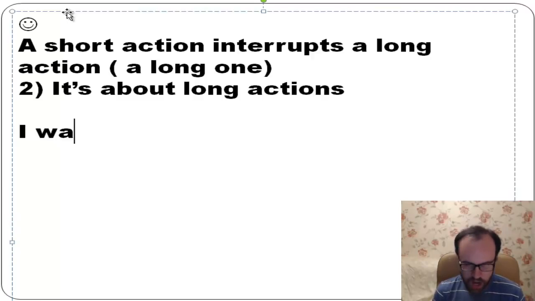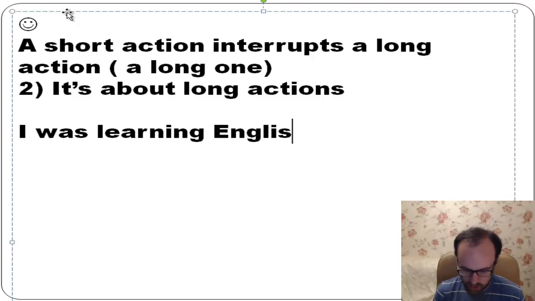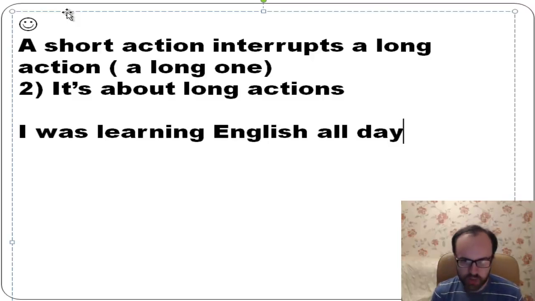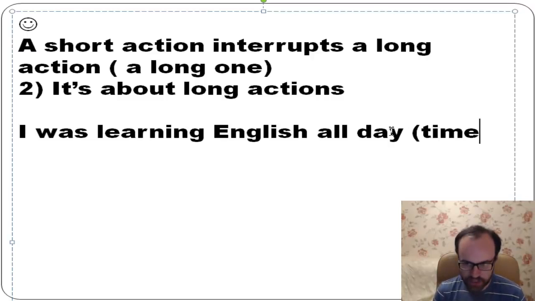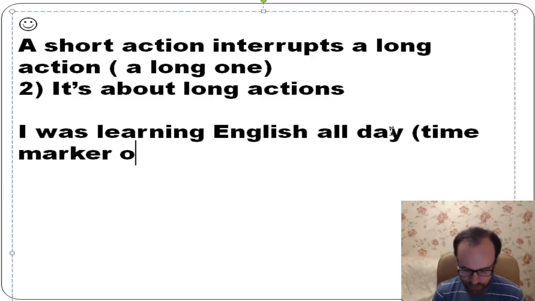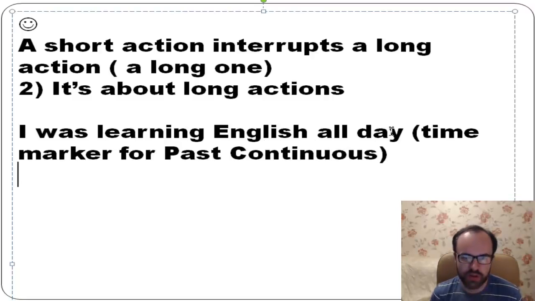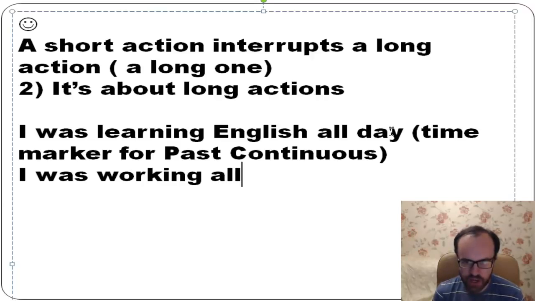For example, I was learning English all day. So it's a time marker for past continuous. I was learning English all day. I was working all day. So if you have it, you use past continuous.